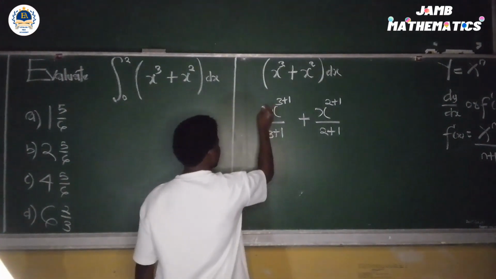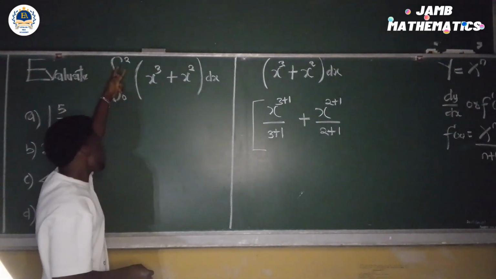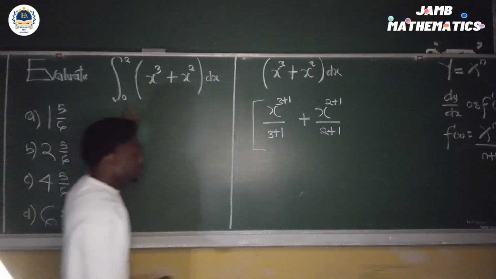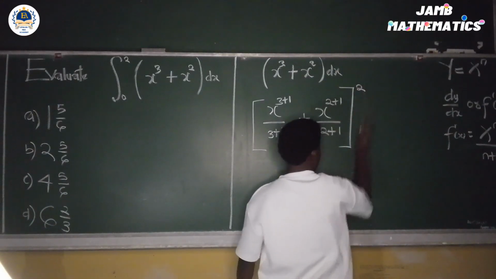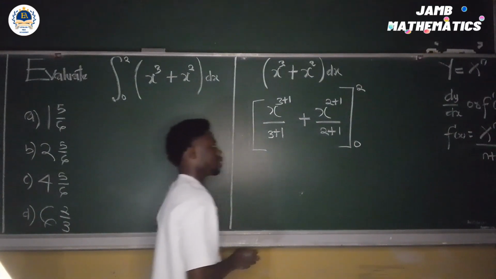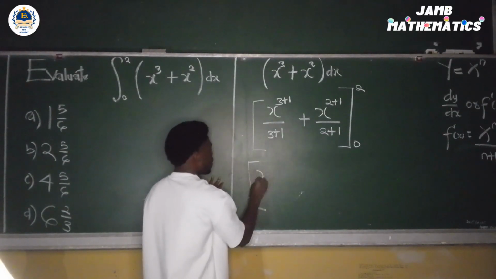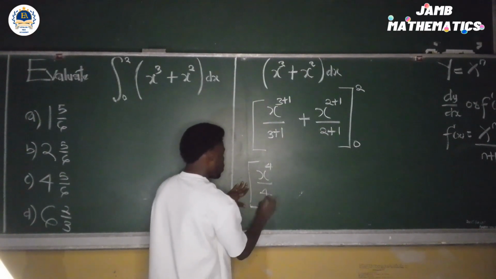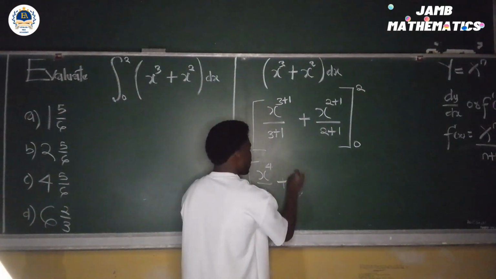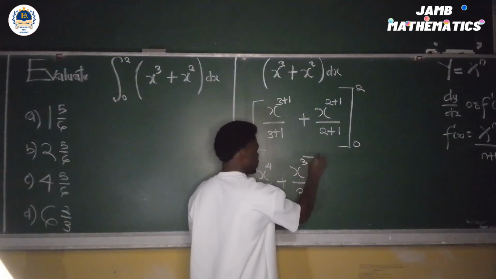Now, since the upper limit is 2 and the lower limit is 0, we are going to put 2 here, 0 over here. This gives x raised to the power of 4 all over 4 plus x raised to the power of 3 all over 3.